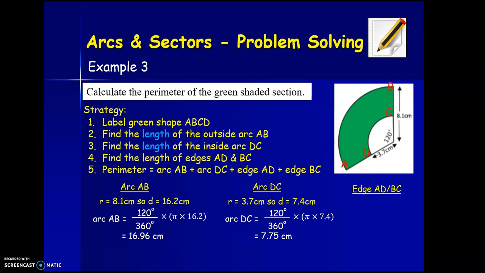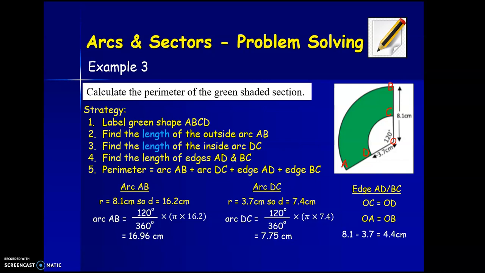For the edges AD and BC, what we need to realise here is that the point of the sector is the centre of the circle. So OC is equal to OD because they are both radii. OA is also equal to OB because they are the longer radii of the outside.